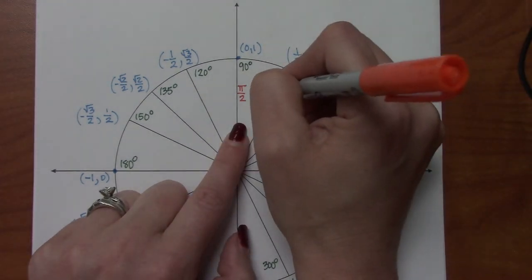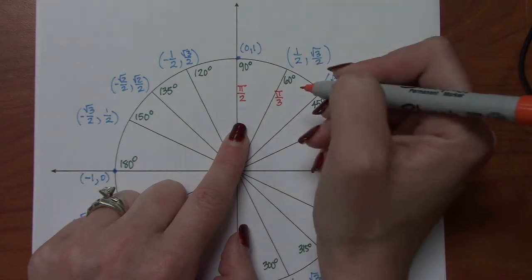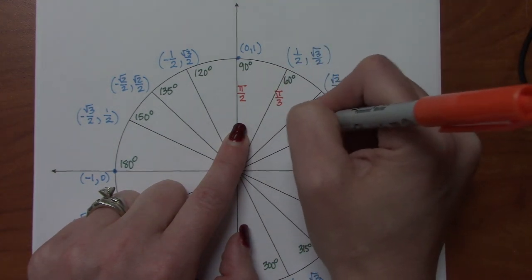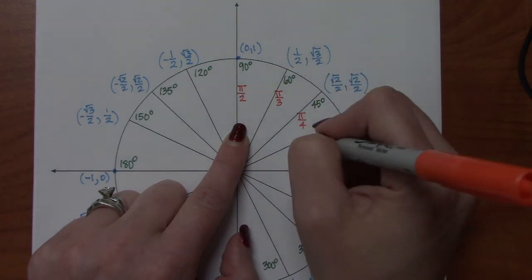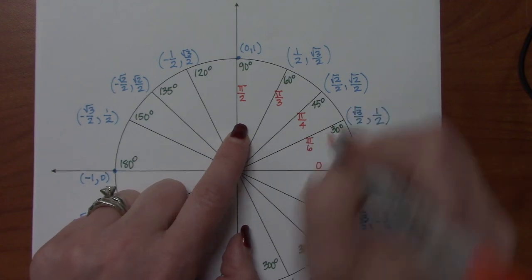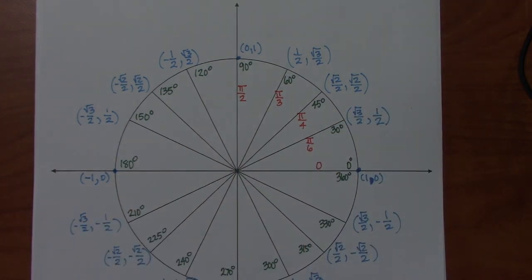So it goes pi over 2, pi over 3, pi over 4, there is no pi over 5, pi over 6. So 2, 3, 4, skip 5, 6. And if you fill the degrees in first, you now know what every one of those is equivalent to in degrees, okay?